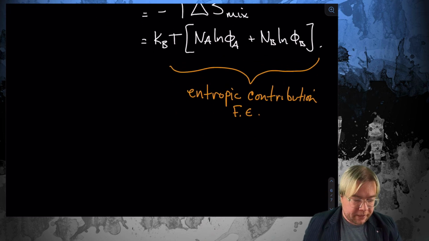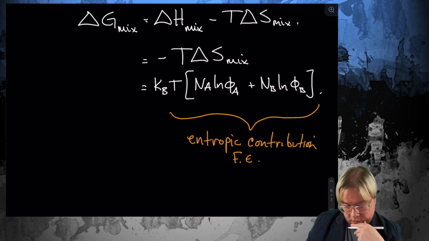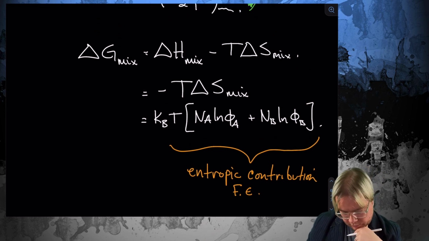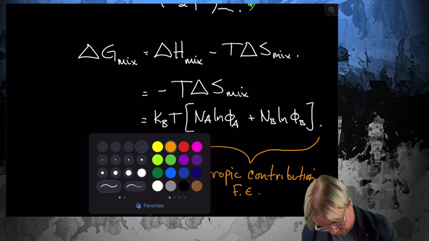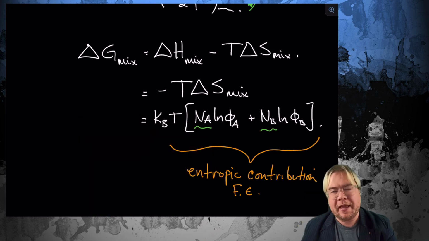Okay, so can I get this in a different form? Well, yes, I can. What if I, how do I want to do this? Let's divide by something. Look what I've got here. I've got capital NA, capital NB.